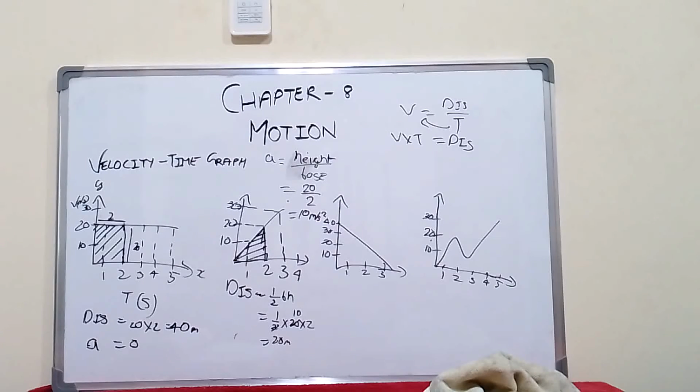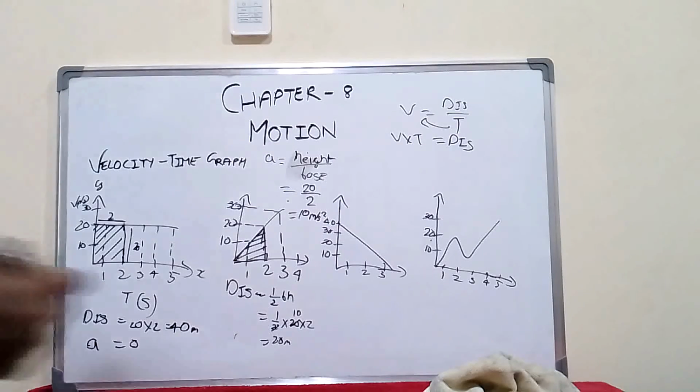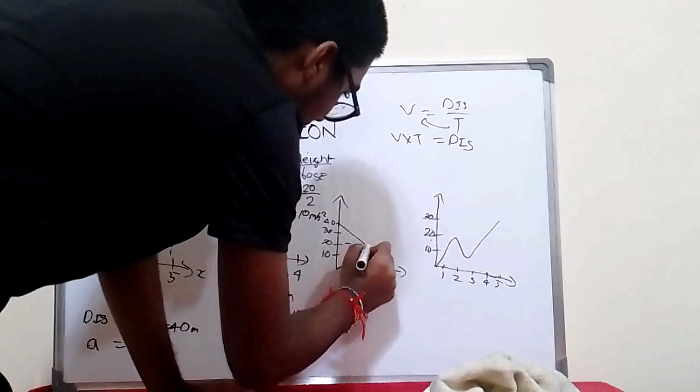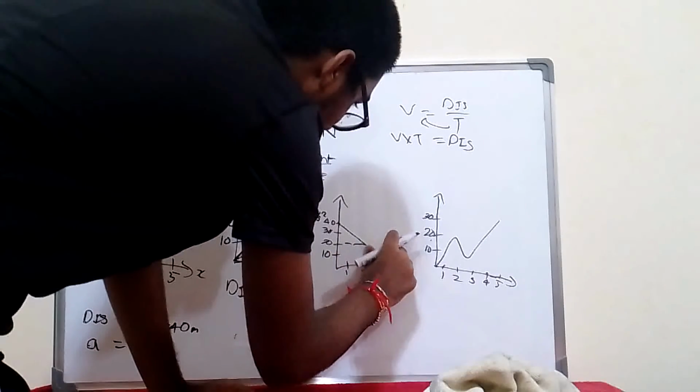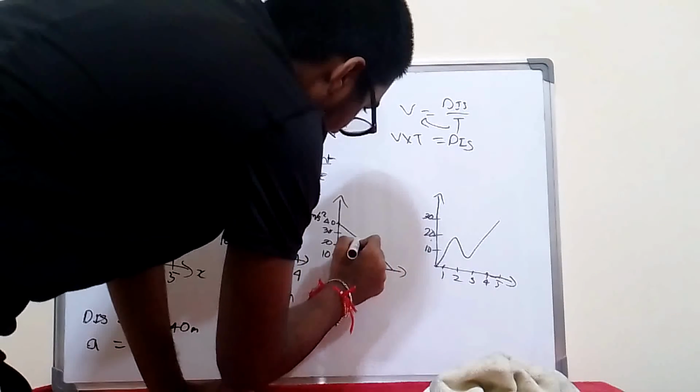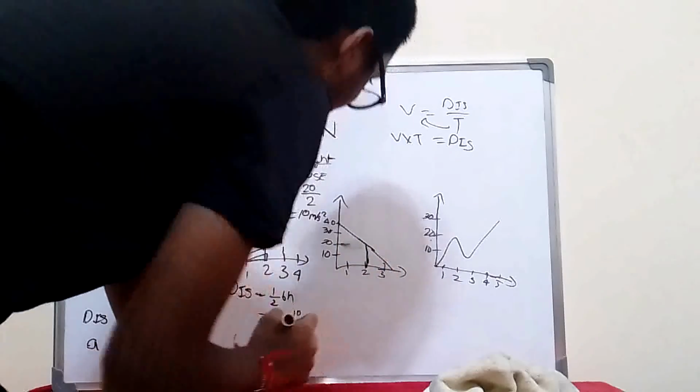So first it was 40 meter per second and it ends up at 0. So in such situations, if we have to find, for example, the area under the graph, sorry, the area covered in 2 seconds.